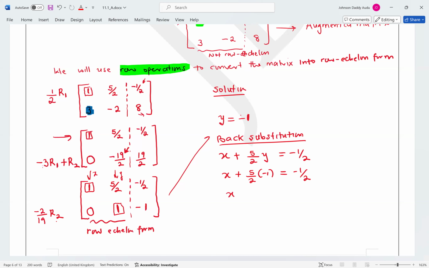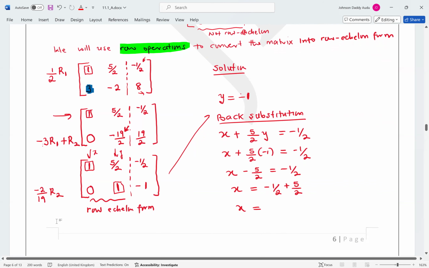And that means you will have x minus 5 over 2 equals half. So x is minus half plus 5 over 2. And that means x is going to be 2, right? 2.